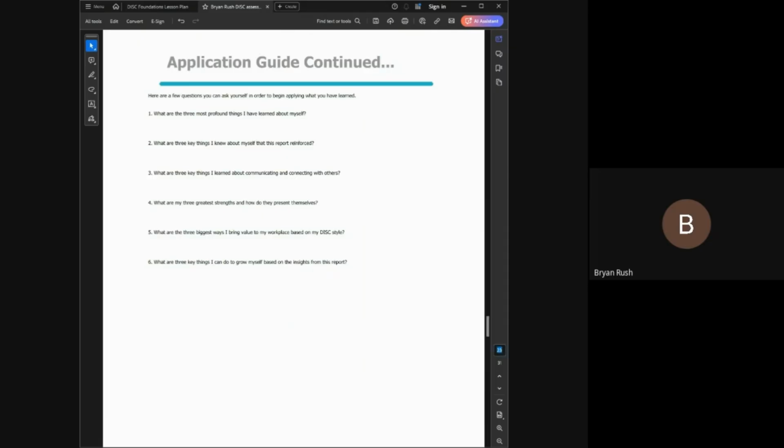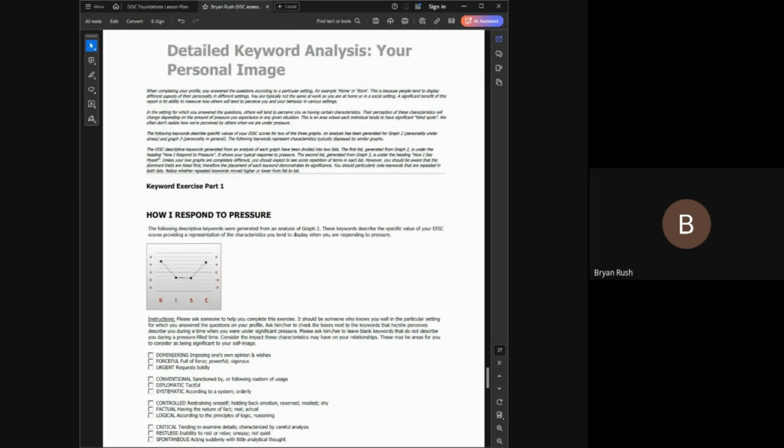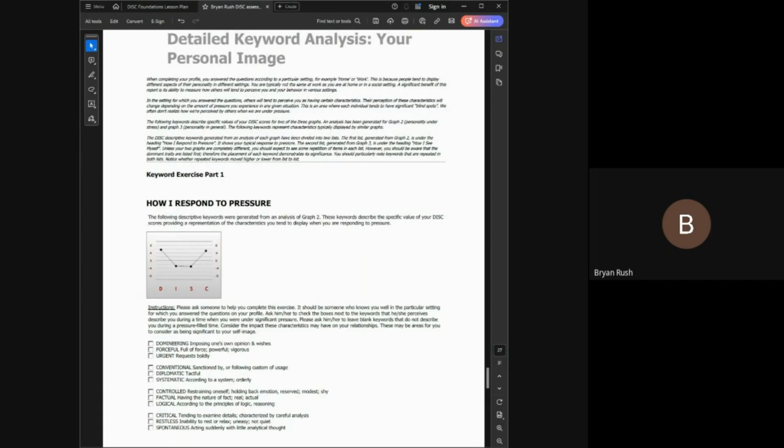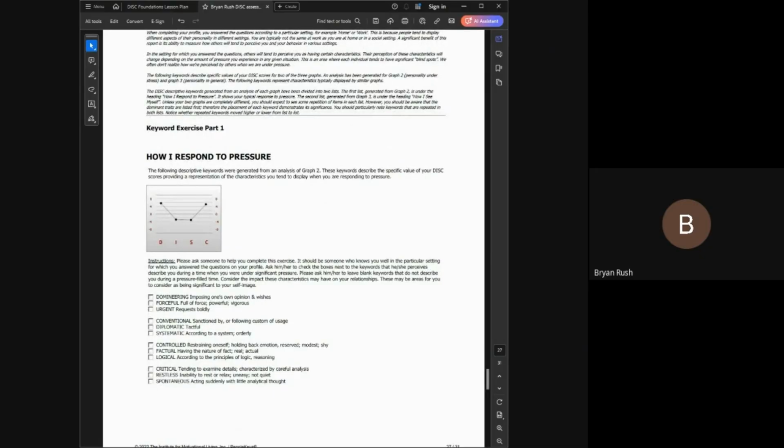So then we're going to page 27. This is where you can employ some application with an accountability partner. This one is how I respond to pressure. And you bring in an accountability partner for this section.